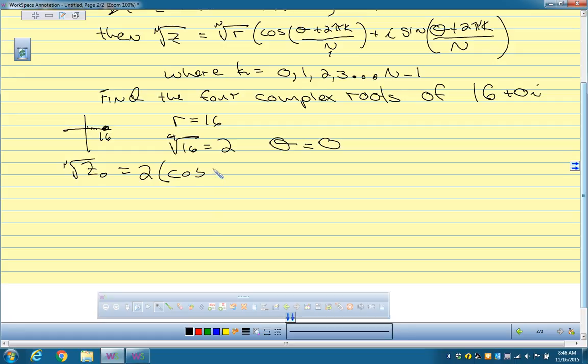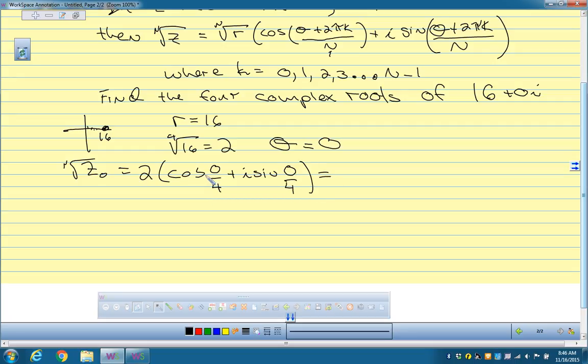So I'm going to take the cosine of theta divided by 4. Sorry about that. So I'm going to take the cosine of theta and divide that by 4. And then plus I sine of theta divided by 4.